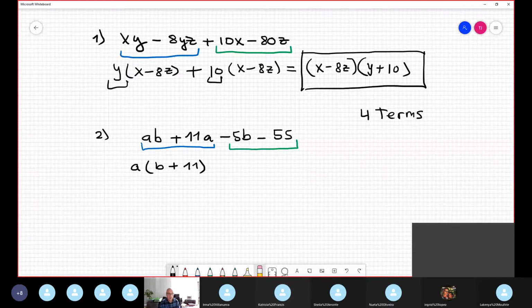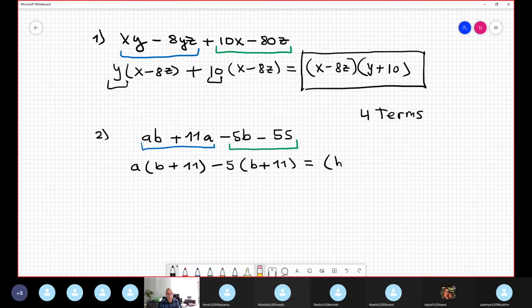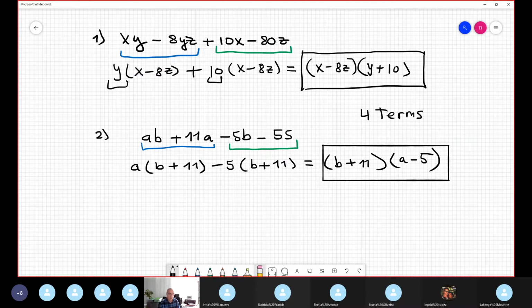Negative 5, much better. So negative 5 out, b plus 11, this is 55. And b plus 11, I can see it's a common factor. Open the last parenthesis, a minus 5. Final answer. Any question? Is it clear?